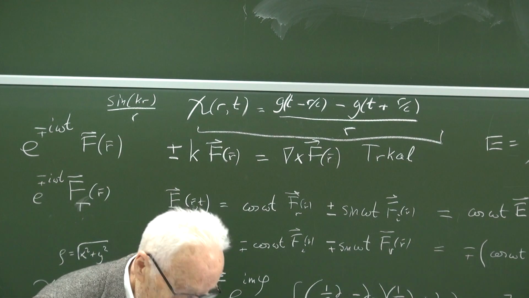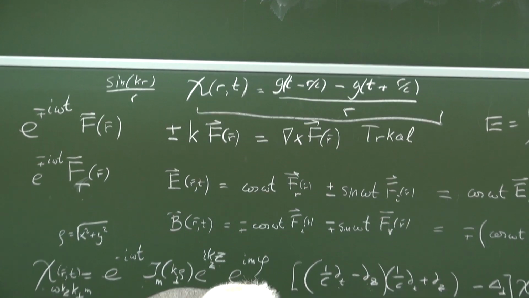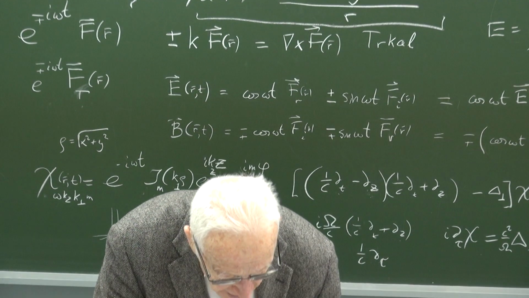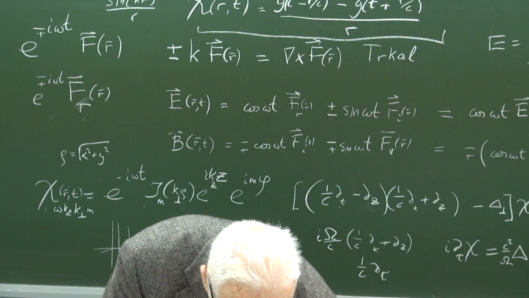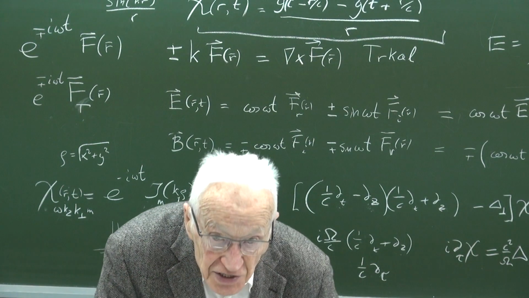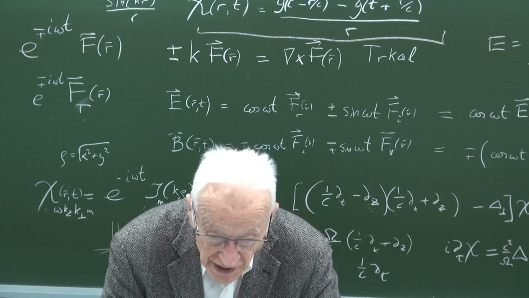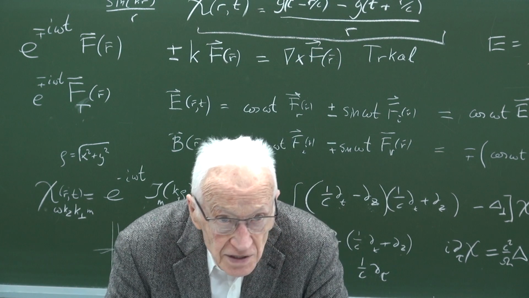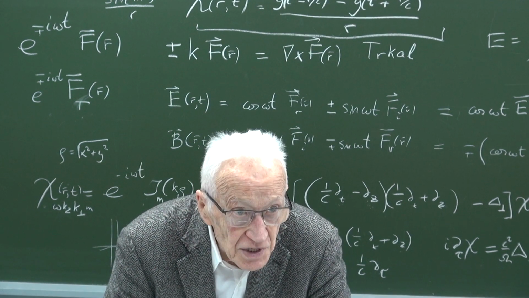So there are many tricks you can play, but my time comes to an end. With generating solutions, only your imagination is the limit of what you can get. Next time, as I said, I will give the quantum mechanical treatment.